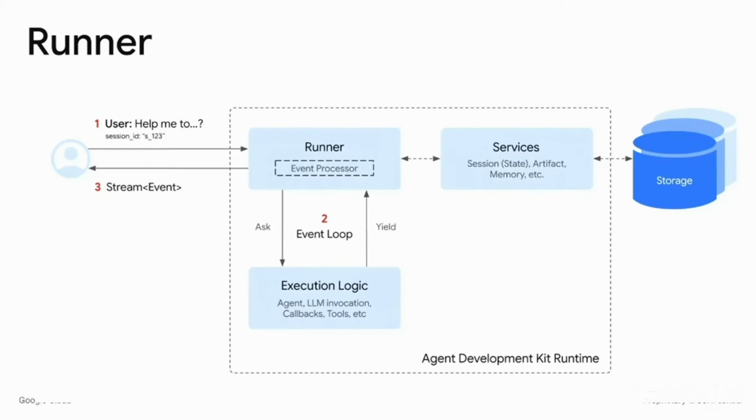Whether it's the LLM making a decision or using a certain tool, it's all processed as an event, and we have this event loop over there. The runner powers up the whole agent so that your agent can start working. It's like an engine for your agent. And this runner also connects to the service. Here, the service, if you still remember from the last level, is where we talked about state.